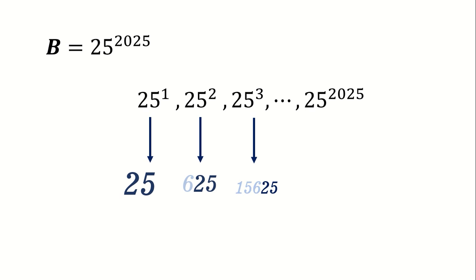We can guess that 25 to the power of 2025 has 25 as its two rightmost digits.